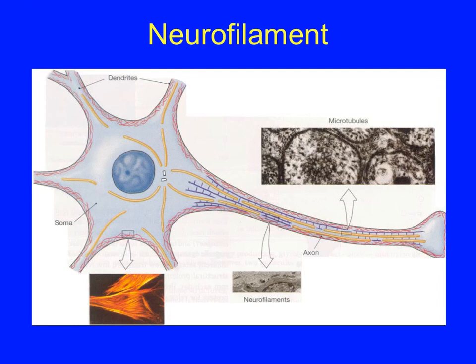So neurofilaments. This is a way better picture of a neuron than I've ever drawn. In a neuron, you have dendrites that go to other axon terminals, and then you have the cell body where the nucleus is, and then you have an axon.